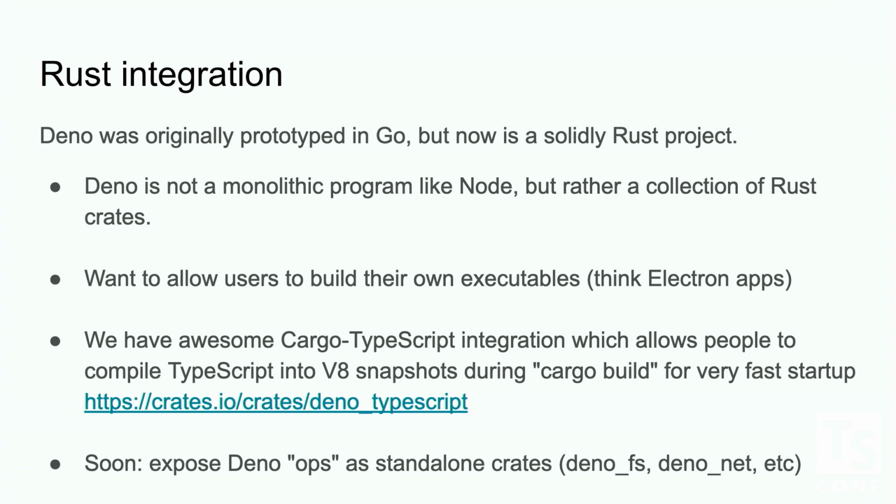Right, so Deno was written in Go originally, prototyped in Go, but now it's a very rusty project.